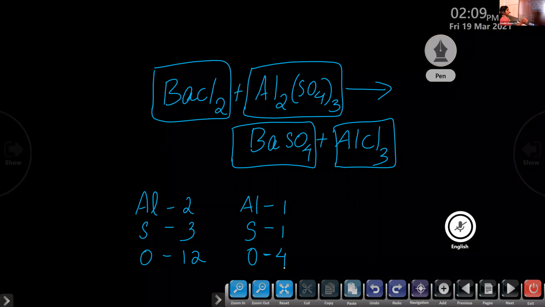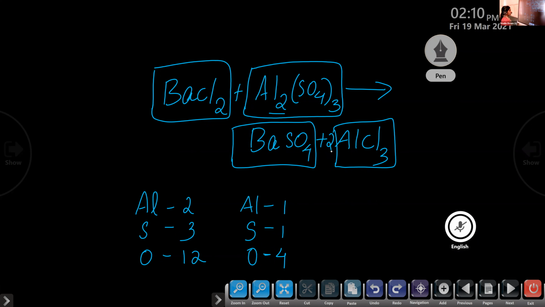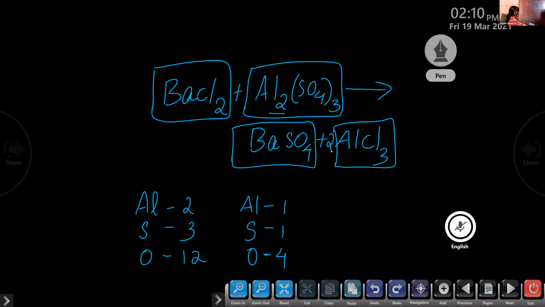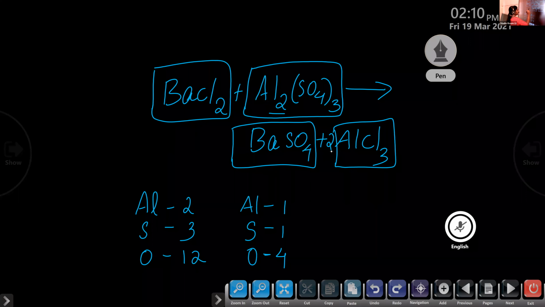So starting from aluminium, in the left hand side, aluminium is 2. So we can add 2 here, right? The next one, sulfur. Here in the left hand side, how many sulfur atoms? 3, right? So we can add 3 here. And now the oxygen is also balanced in the right hand side.